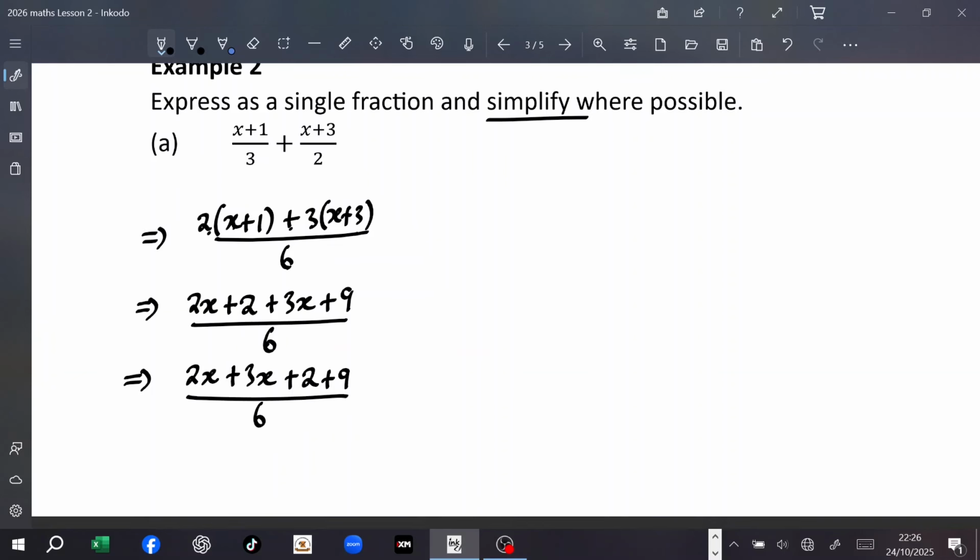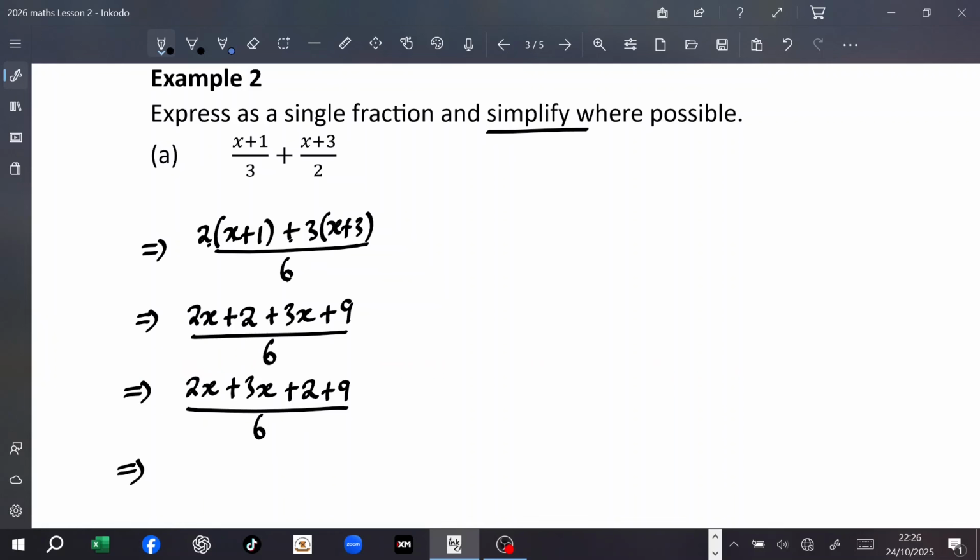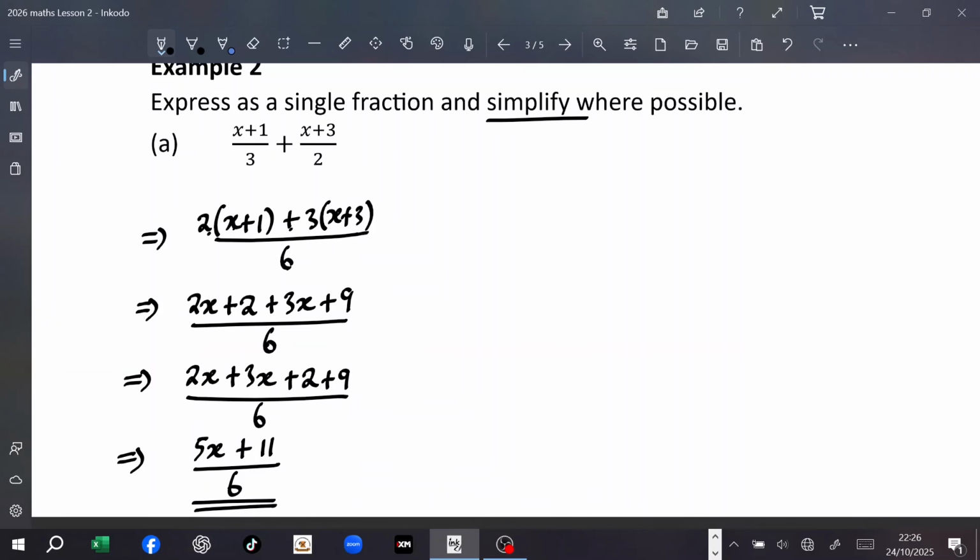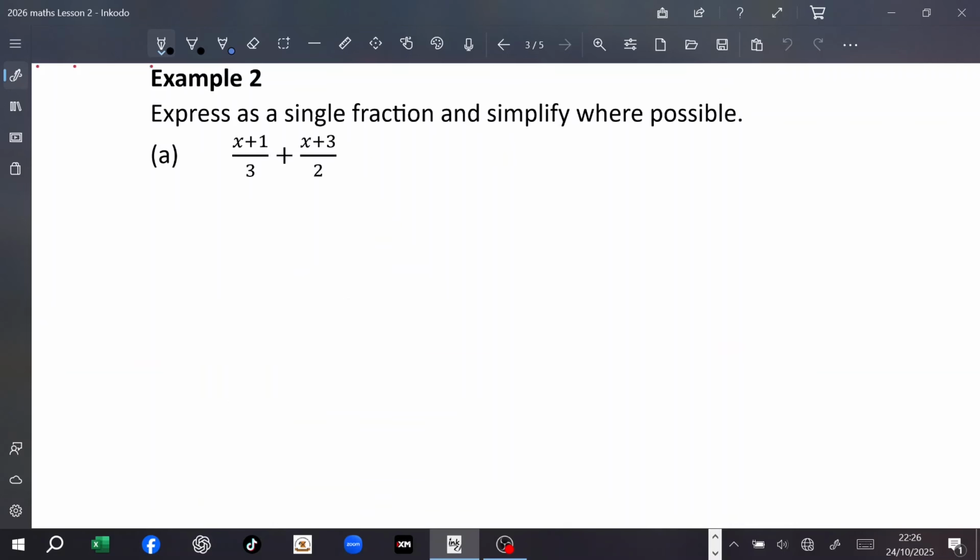Then you continue. 2x plus 3x gives us 5x. Then plus 2 plus 9 gives us 11. Then over 6. So this will be our final answer. So we have made it single and simple. Okay, so that is it. Let's go to the next example.